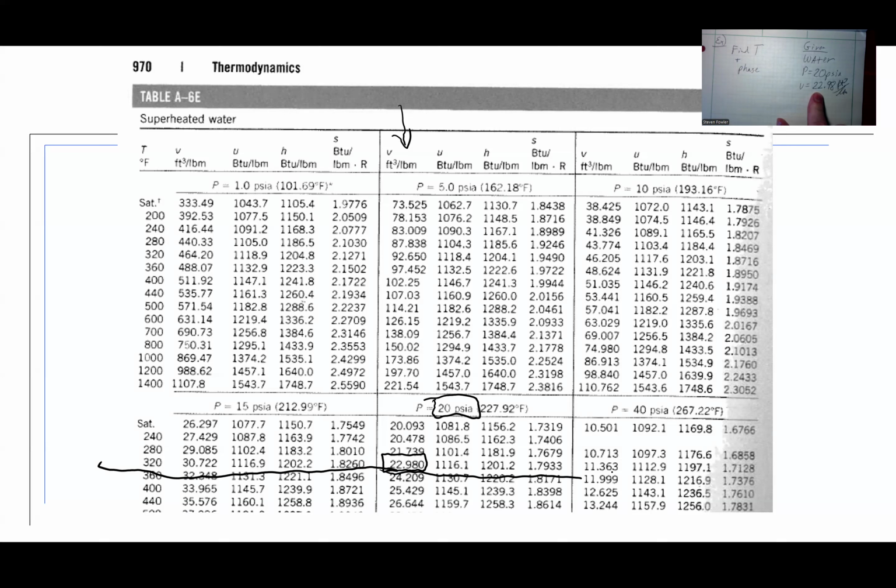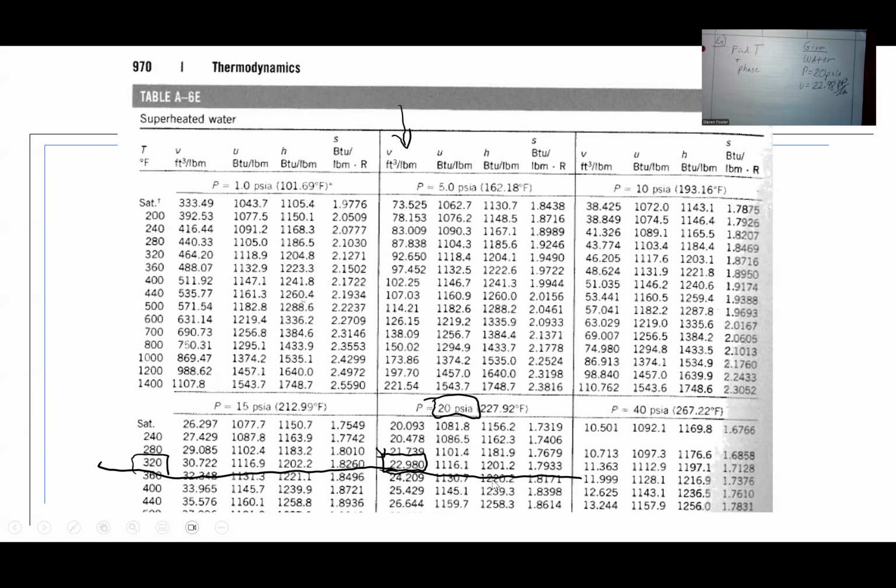So that tells me this temperature matches up with this specific volume, and that's where I'm at. That tells me my state. And if I need any of these other properties to solve maybe a first law problem, I need a U value, or a second law problem, I need the S value, maybe I need both of them.